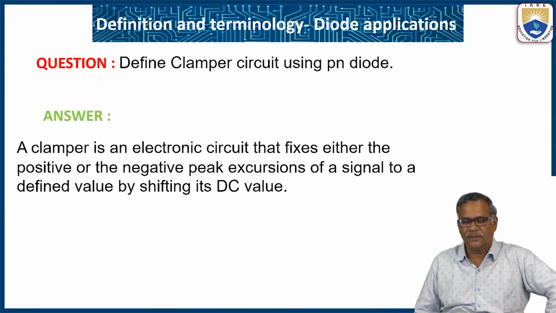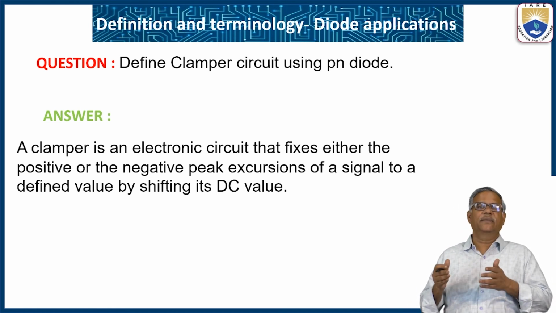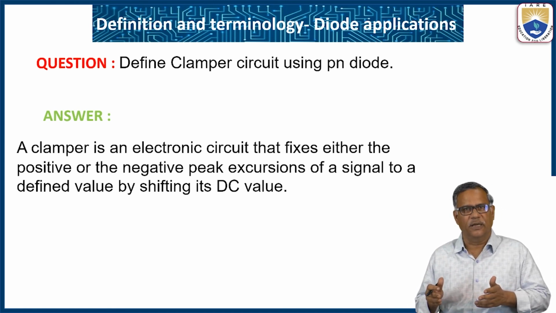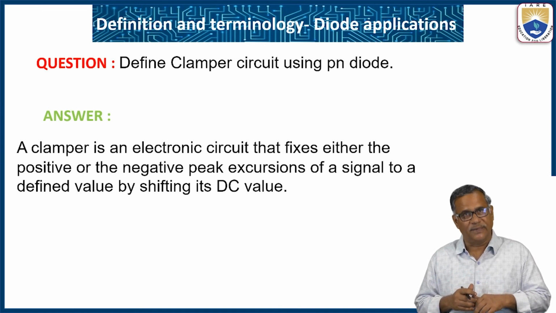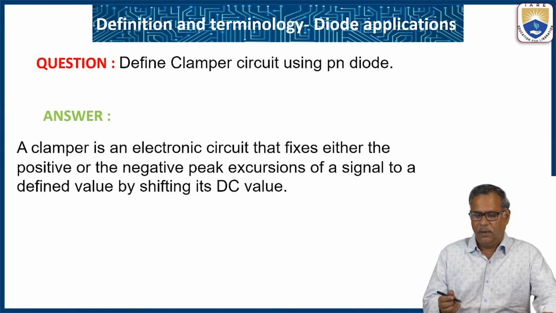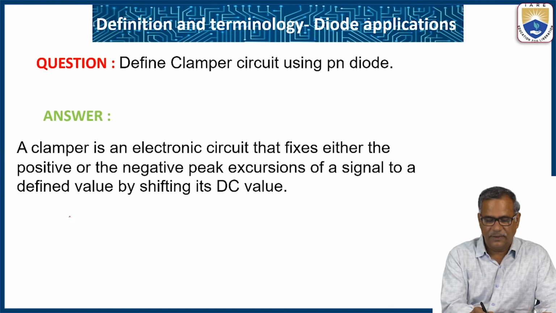Now define clamper circuit using PN diode. A clamper is a circuit which changes the DC level of the input signal. Clamper circuits use energy storage devices like a capacitor. Next, let us see the circuit of the positive clamper.